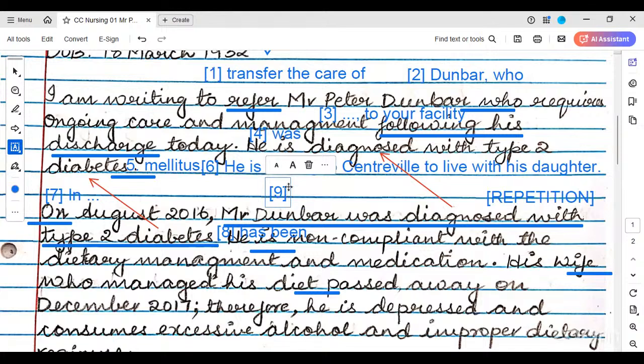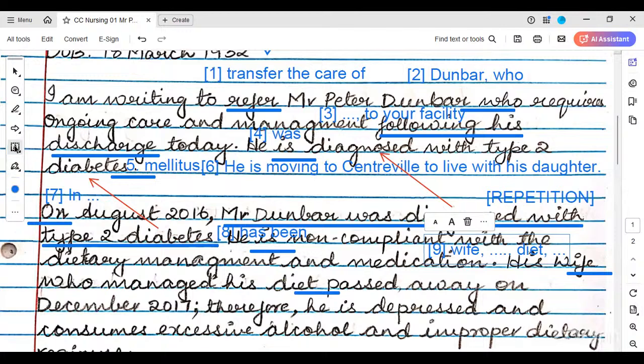So commas are very important. So remember this first point. His wife, comma, continuation, who managed his diet, comma, passed away on December 2017.